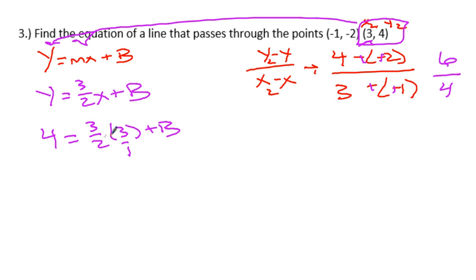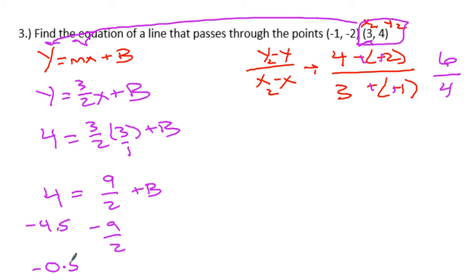This is like 3/1. 3 times 3 is 9/2 plus b equals 4. So then I'll subtract 9/2, which is really 4.5. So I'm just going to rewrite that as 4.5 right now, so it's going to make it a little bit easier. 4 minus 4.5 is negative 0.5 equals b.